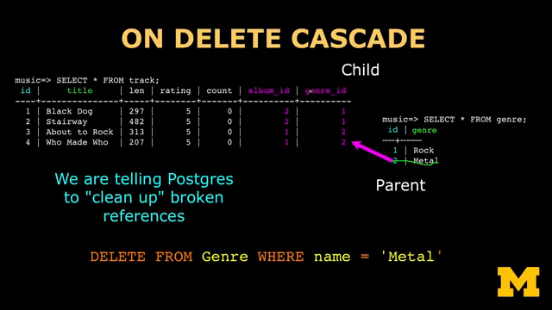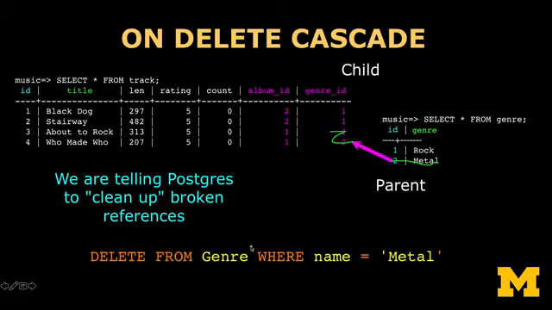I told you that these are just integers, but when we have the foreign key constraint, we tell it what to do with the corresponding rows in the child field when the parent row gets deleted. So when we say on delete cascade, that means cascade the delete from the parent into the child. Once you delete this row, these rows are gone too.